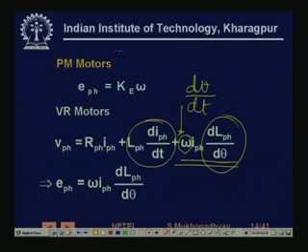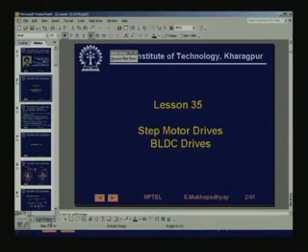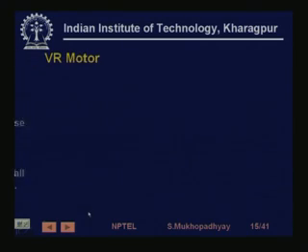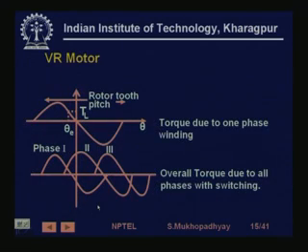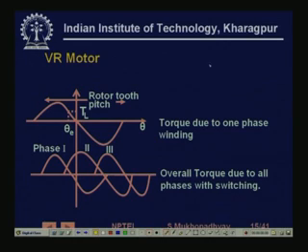Now in a variable reluctance motor, you see that the dL by d theta is between two rotor teeth. Suppose you have a rotor tooth pitch and you have a stator coil here.